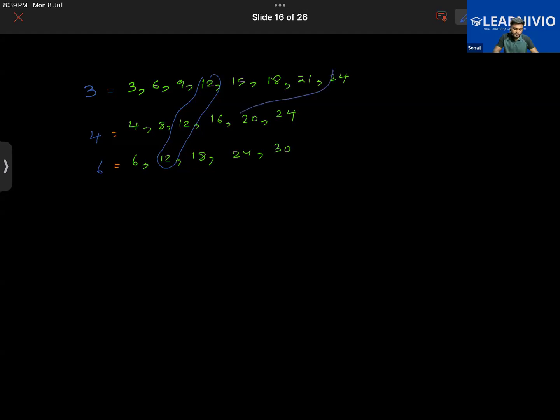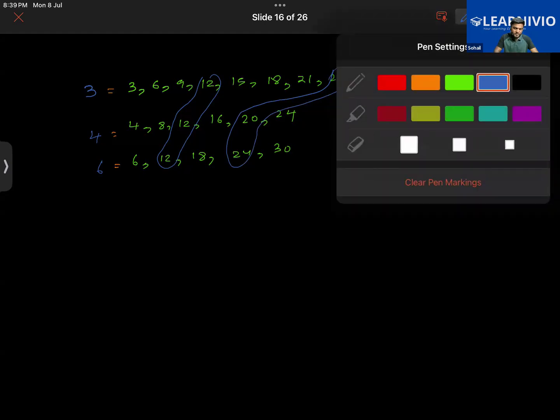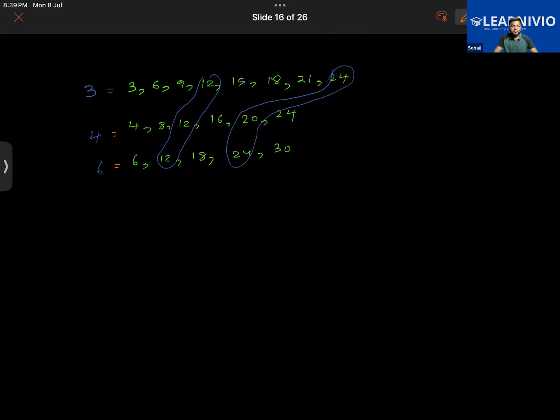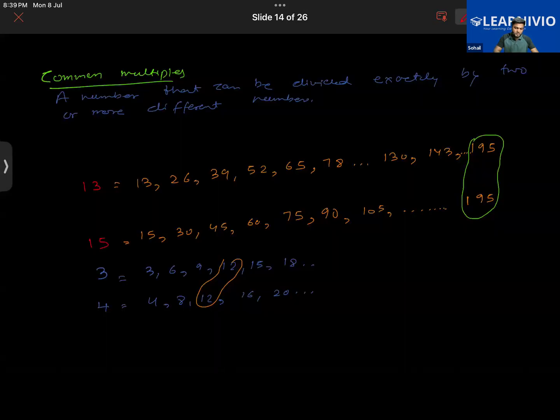Getting it? So 24 is also a multiple here. So the numbers 12 and 24 are the common multiples of 3, 4, and 6. Also, it is a number that can be divided exactly by 3, 4, or 6. It can be divided by 2 or more numbers. Got this now? So write down this definition and do let me know once you are done.